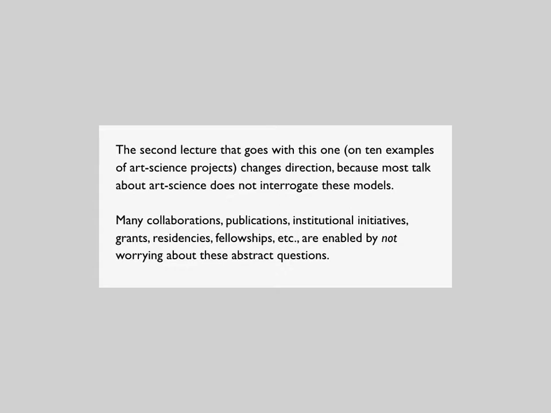So it seems important to note that a lot of art-science work, collaborations, publications, institutional initiatives, grants, residencies, fellowships, is enabled by not worrying about these abstract questions. In other words, it wouldn't be possible if you did worry about them. You would maybe go in a completely different direction than you had been intending, and maybe the entire collaboration, quote-unquote hybrid, whatever you want to call it, wouldn't work at all.